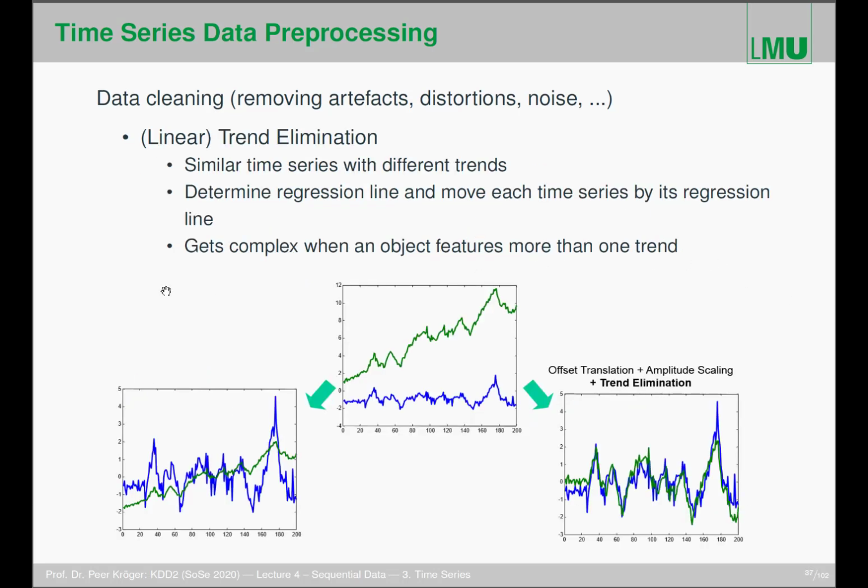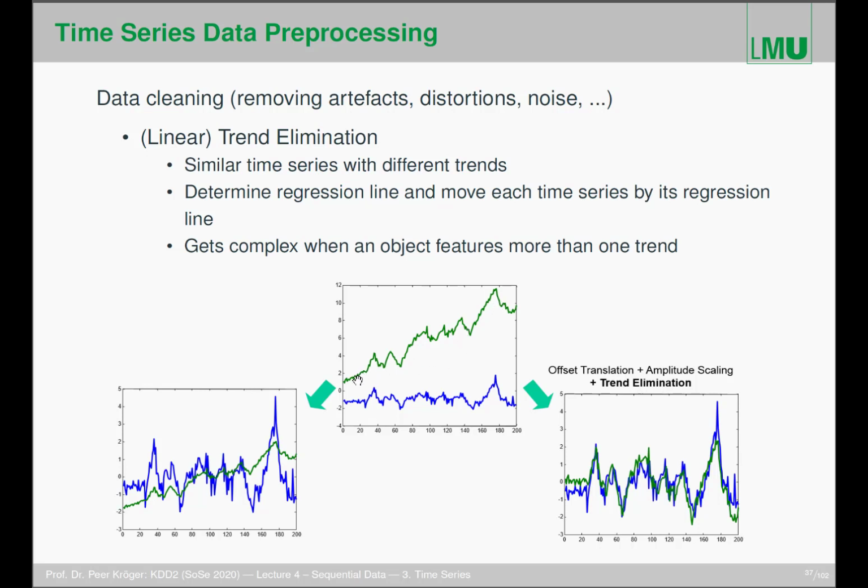Another thing that people very often do, if it makes sense from the application side, is trend elimination, at least linear trend elimination. You can also do nonlinear trend elimination, but that's a little bit more complex. That is if you have similar time series with different trends, like here.